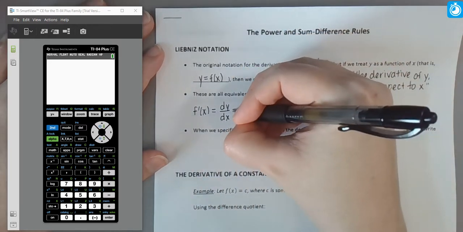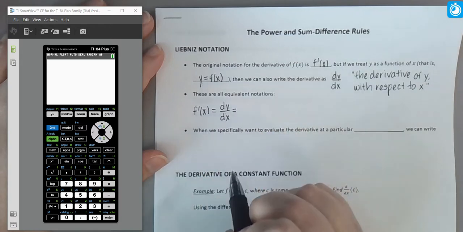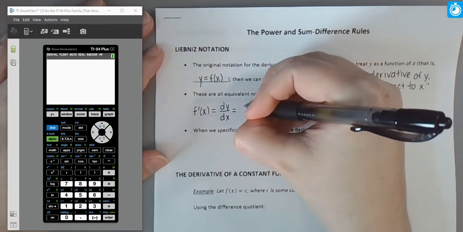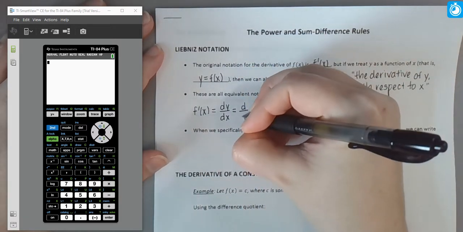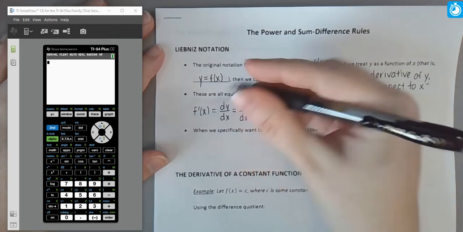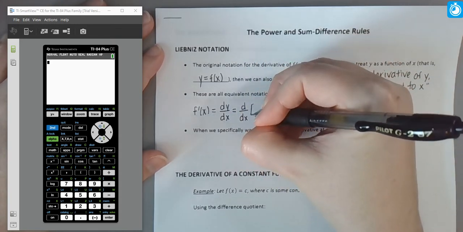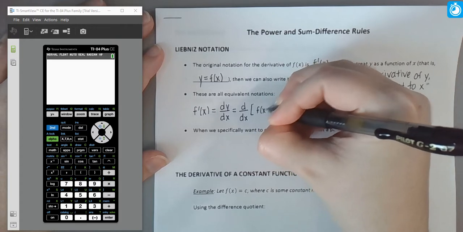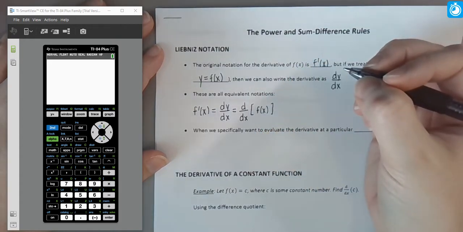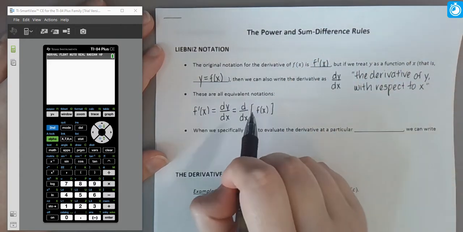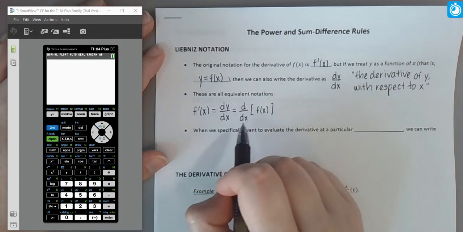Another way of writing something similar to the Leibniz notation is this. If we write d over dx, and then inside we write f of x, that is also going to be an equivalent notation. You can think of this as being more of a verbal form of this.